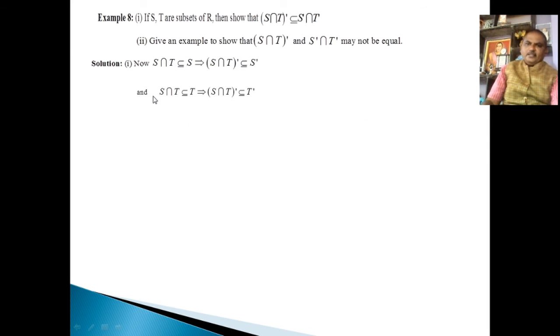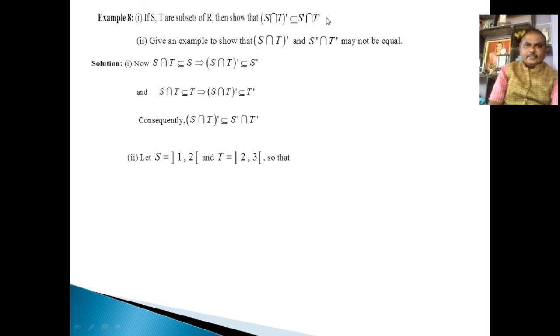And S intersection T is a subset of or equal to T. Again, this implies by the first example. And consequently, the derived set, that is the set of limit points of S intersection T, is a subset of or equal to the intersection of S' and T'.